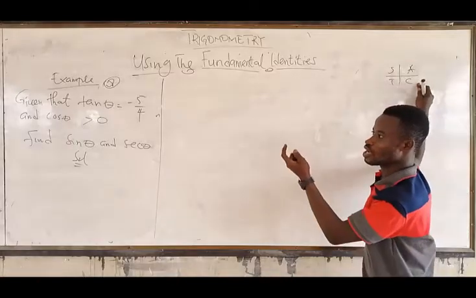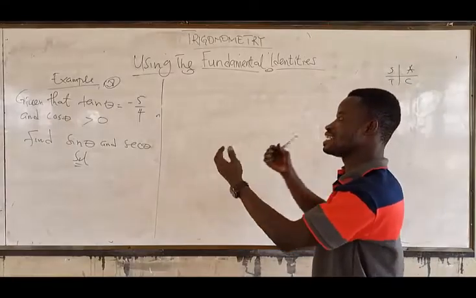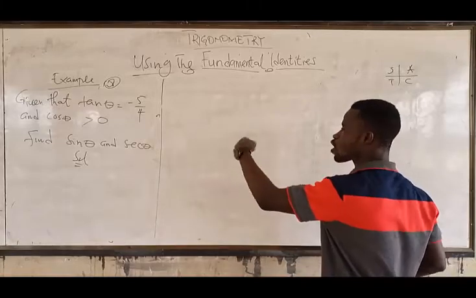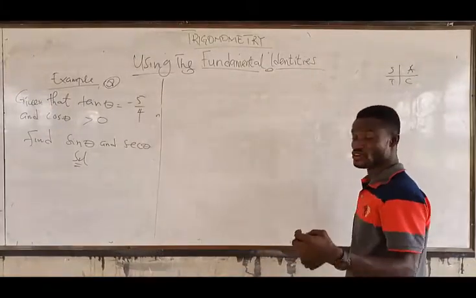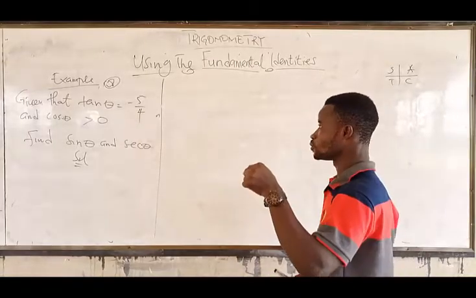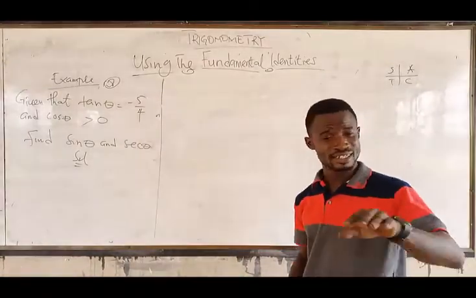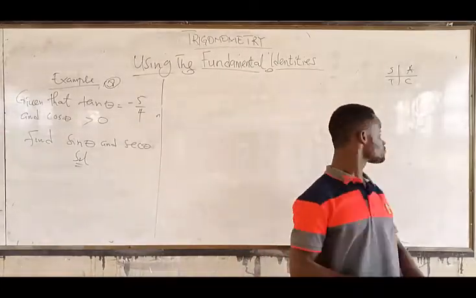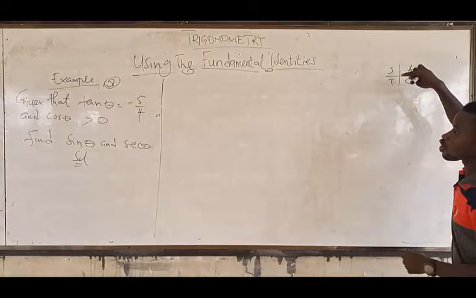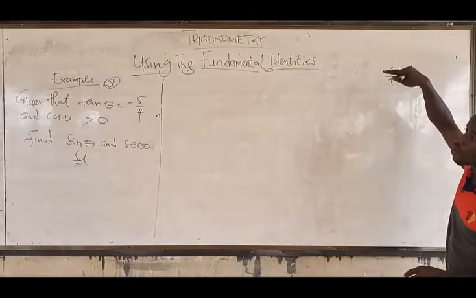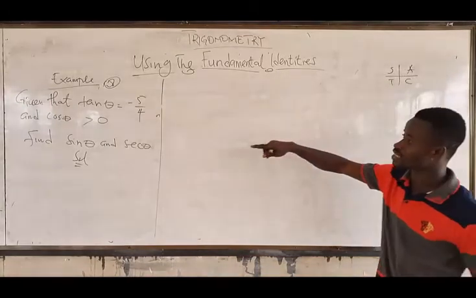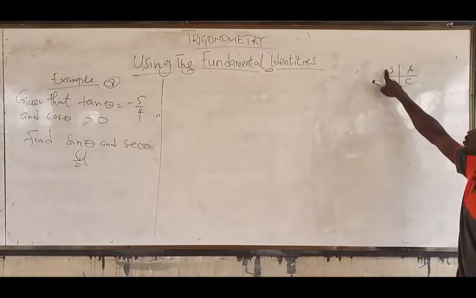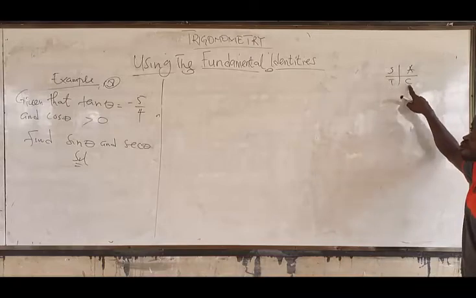Let's continue. And cos theta is greater than 0. So that means cos is positive. We are saying that for tan to be negative, it can be in the second quadrant or the fourth quadrant.